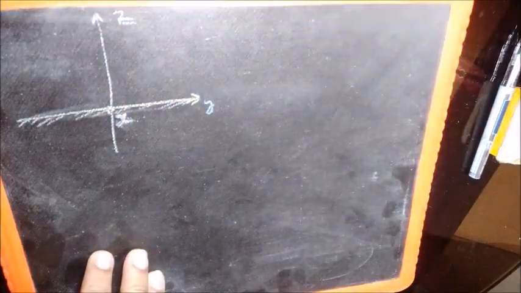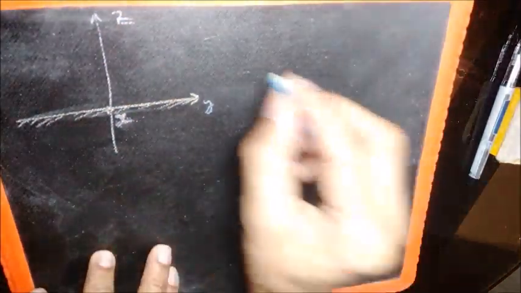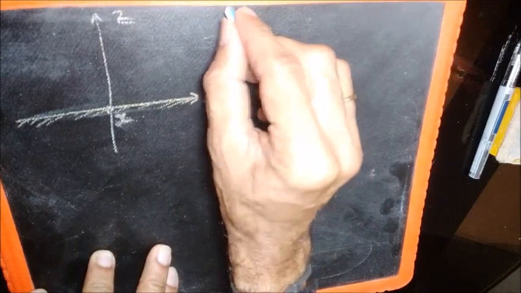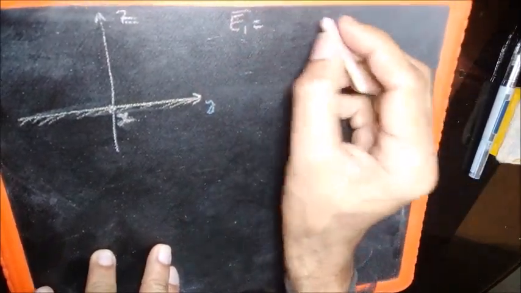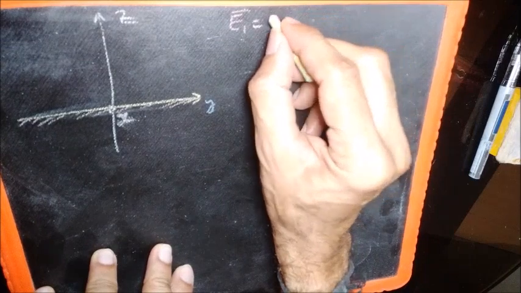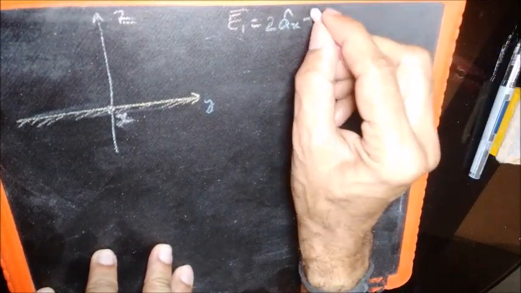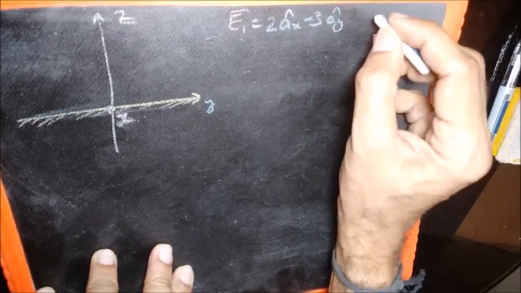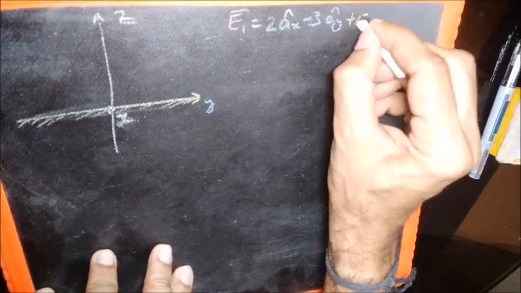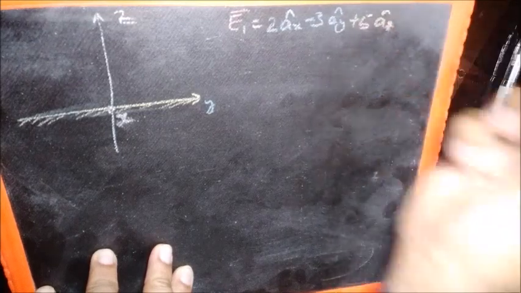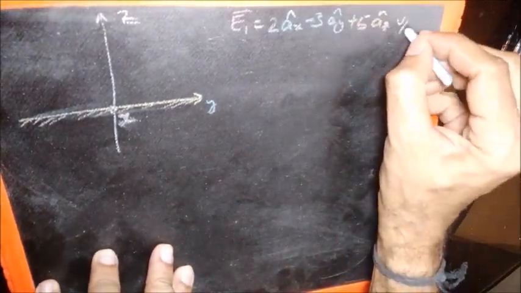and this is the Z axis. Now E1 is given in the problem statement to be 2AX cap minus 3AY cap plus 5AZ cap volt per meter.